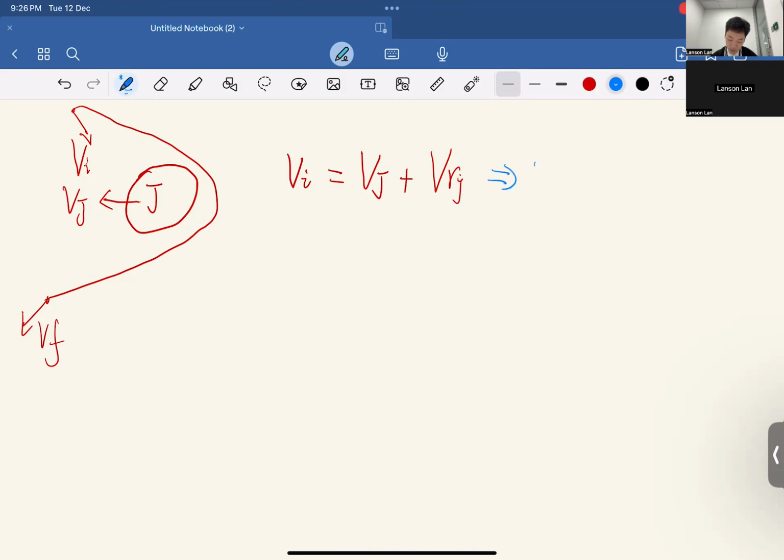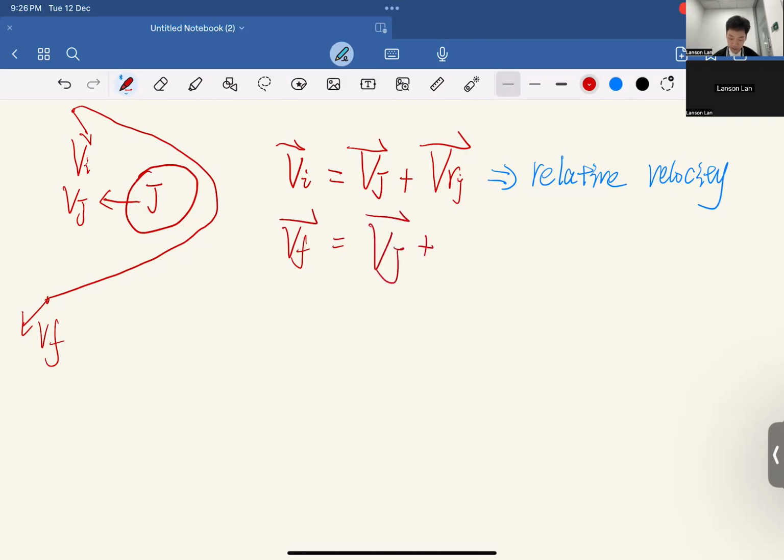This is the relative velocity. But please pay attention that here they are all vectors, so there are direction issues. And similarly, the final velocity equals VJ plus the velocity relative to Jupiter.